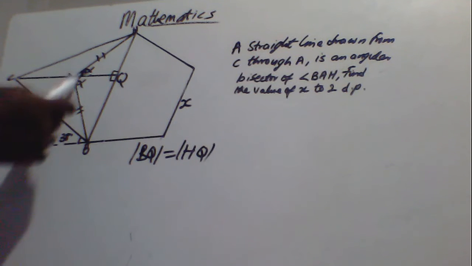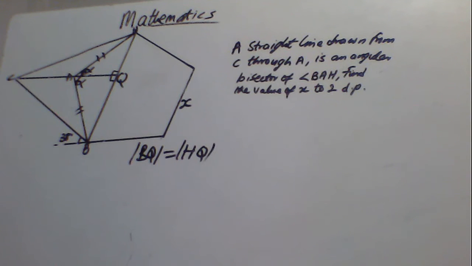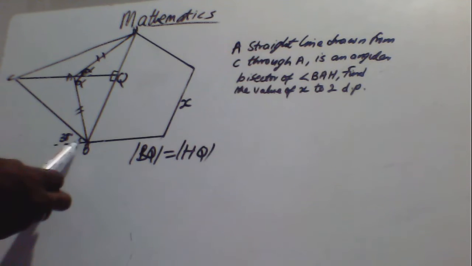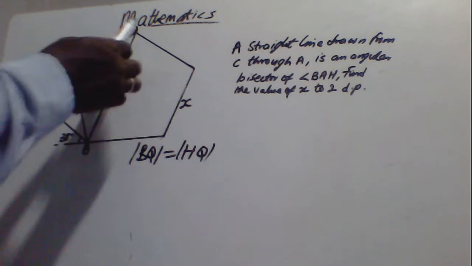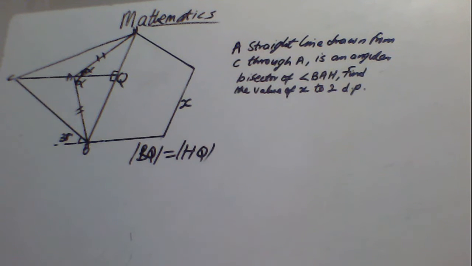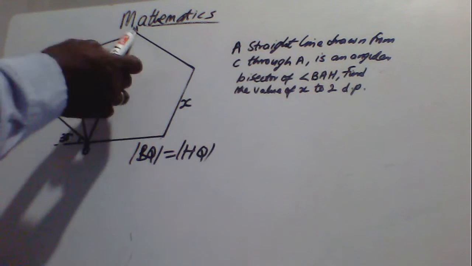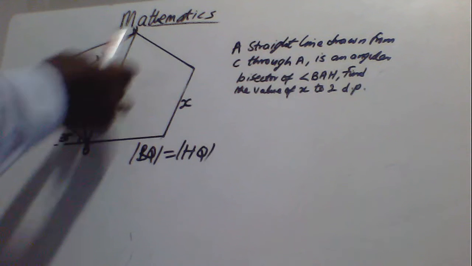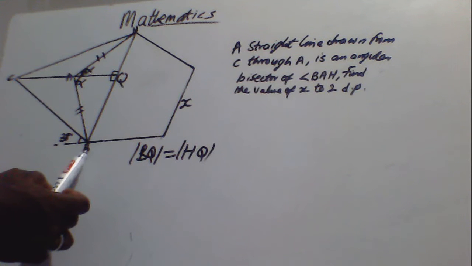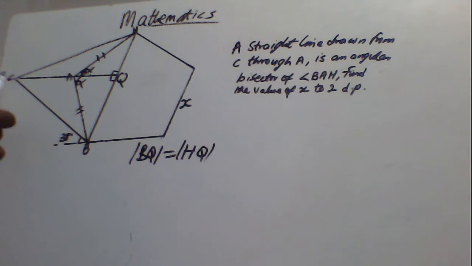And because AB is equal to AH, which are the sides of an isosceles triangle, it follows that this base HB is also the base side of triangle CBH.